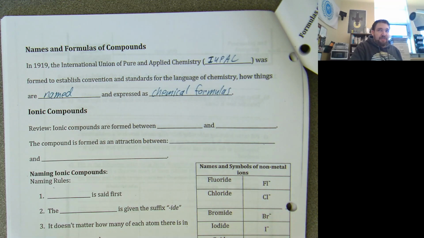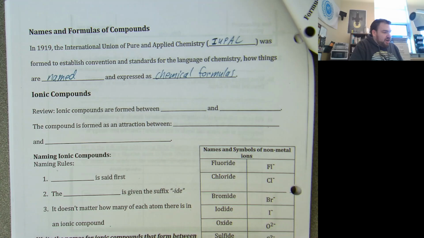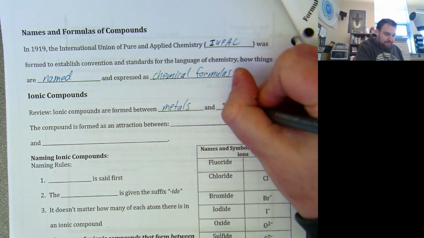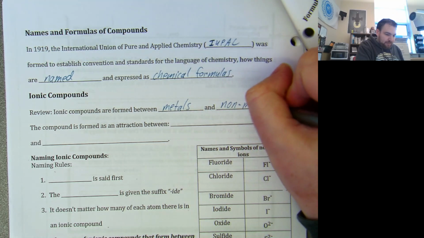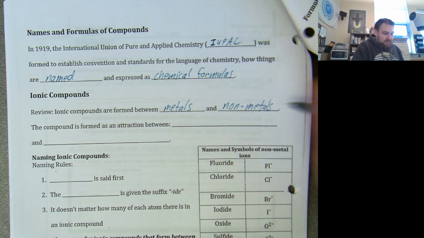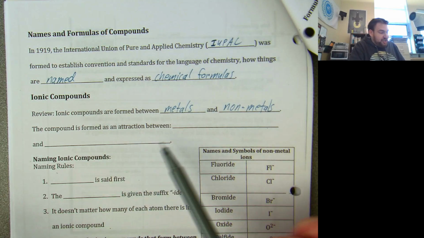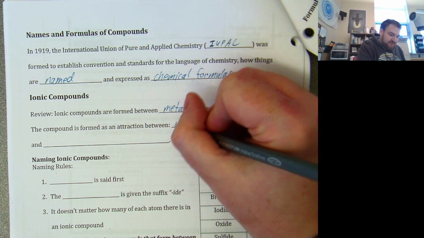So again, for like the 3rd or 4th time today, ionic compounds are formed between metals and nonmetals. The reason it exists is because the compound is formed as an attraction between positive ions, and negative ions.